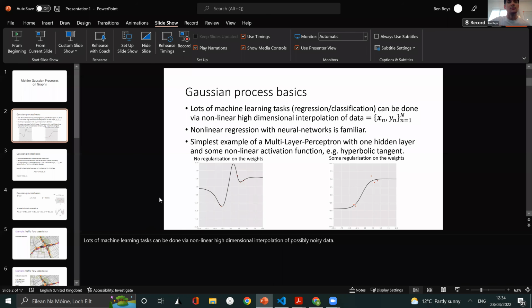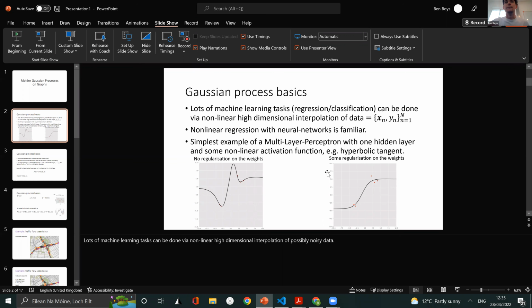Real valued data. And lots of machine learning tasks can be done via nonlinear high-dimensional interpolation of possibly noisy data. Some tasks can be done like this, such as regression. This is an example of regression, and classification, when the output is not a real number, but an integer or a class.